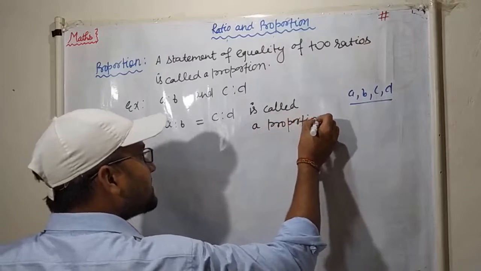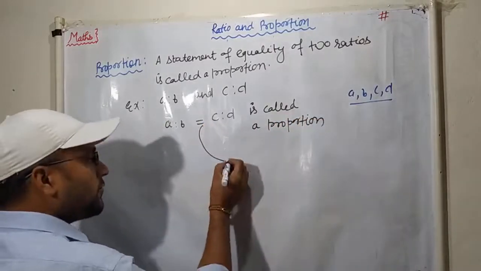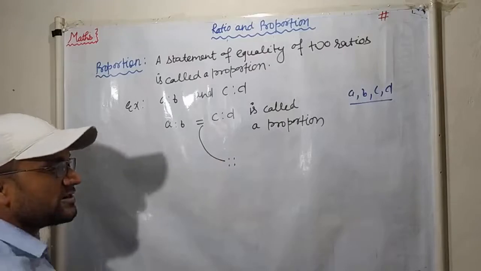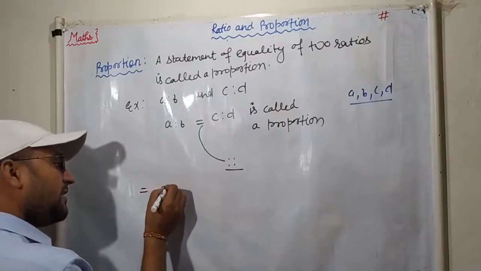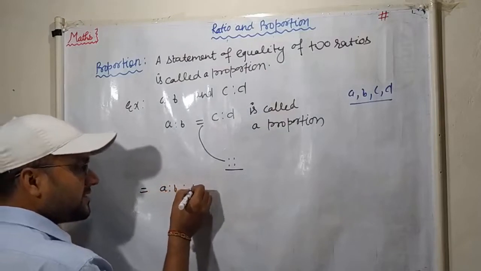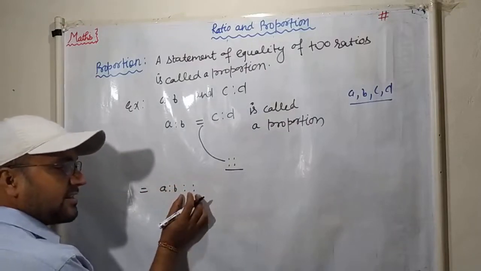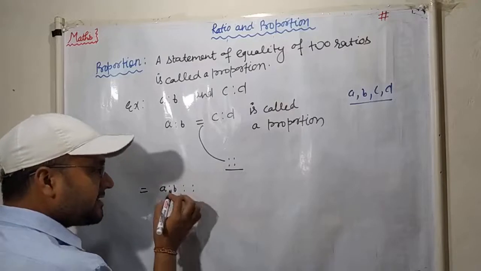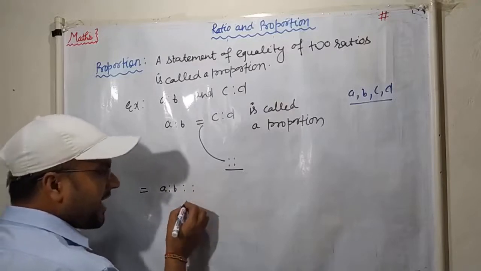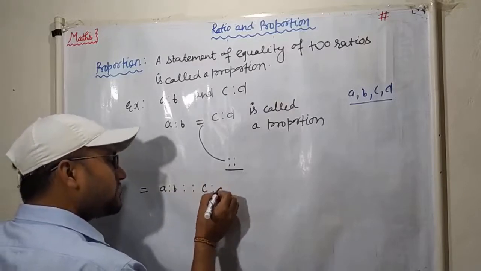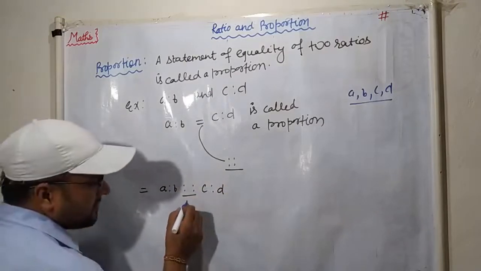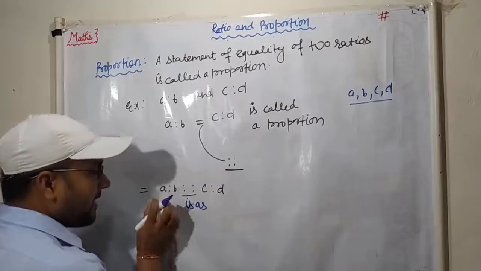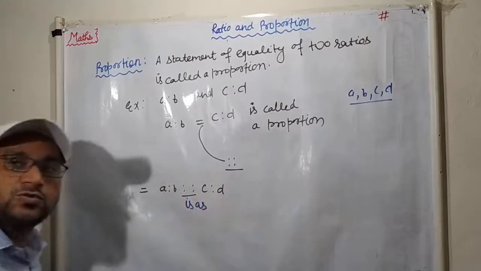In this equality we use four colons, and you will read this one as A is to B, this is the proportion sign, and you will read it as: A is to B is as C is to D.